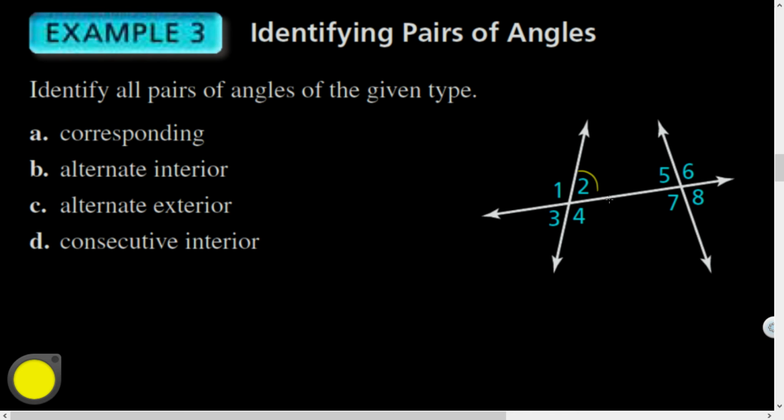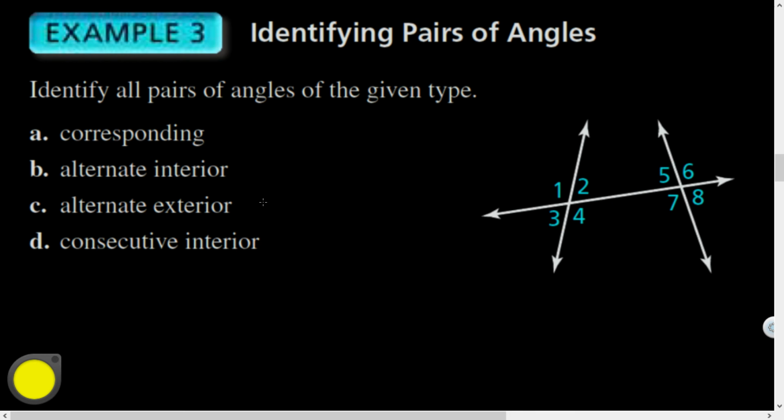Angle 7. There's only one other that would work. So angle 2 and angle 7. What is another pair of alternate interior angles? 5 and 4. 5 and 4 are alternate interior angles.